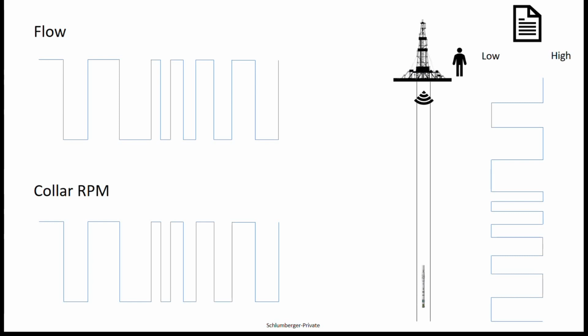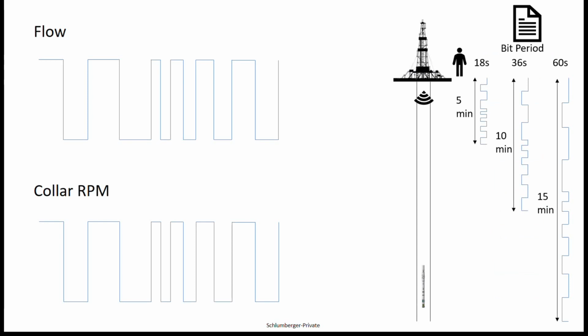Before going into the rules for each, there's one more basic thing you need to understand, and that is the bit period. This is essentially how fast you want to send the downlink. Basically, you can tell the same story in a 5, 10, or 15-minute version. Obviously, the lower the bit period, the faster the downlink, and the quicker you can go back to drilling ahead.